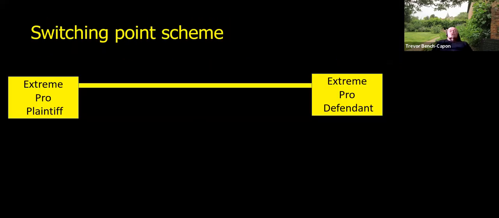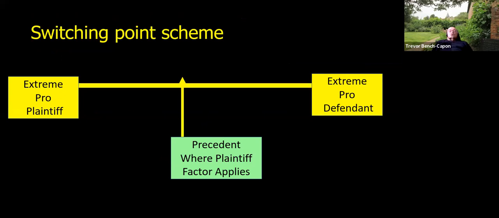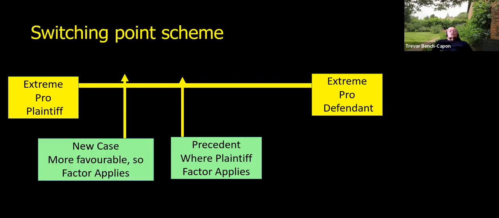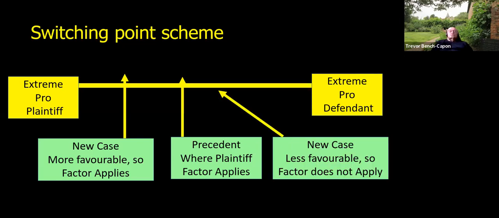We can look at these graphically. The precedent shows where the principal factor applies, and the use case is more favourable, and so we can argue that a factor applies. Others argue that the use case is less close, and so the factor does not apply.